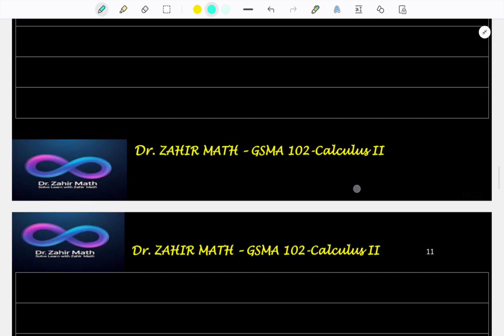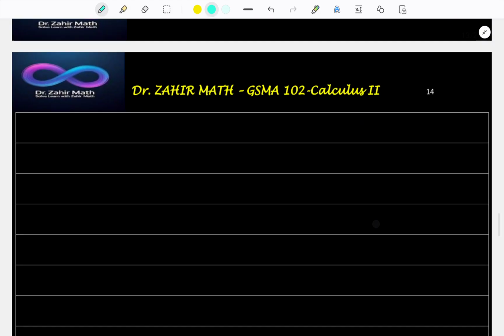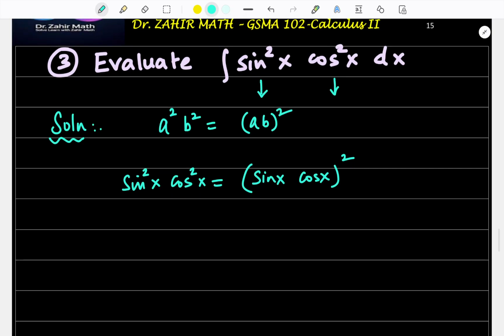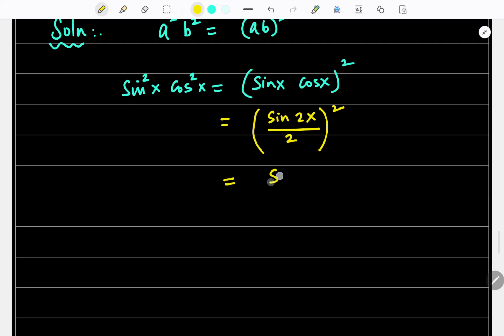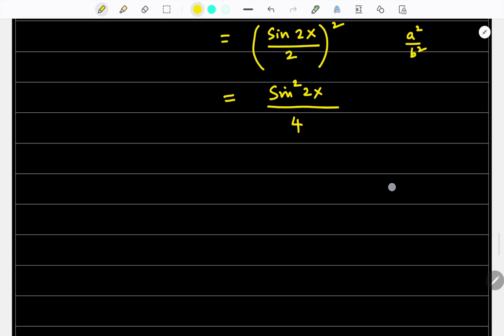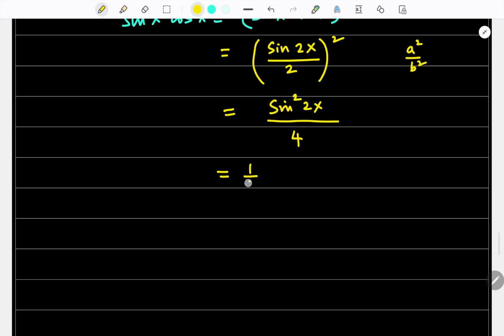Okay, right. So let us go to this question. I'm going to use this as (sin 2x divided by 2) the whole square. I still haven't started integration. I'm just doing preliminary work. So this is sin²2x divided by 2 squared, which is 4, because this is a square by b square. Now take this 1 by 4 out, and then sin²2x.